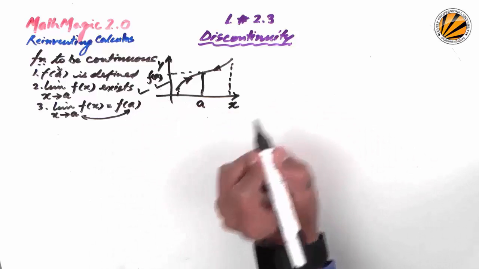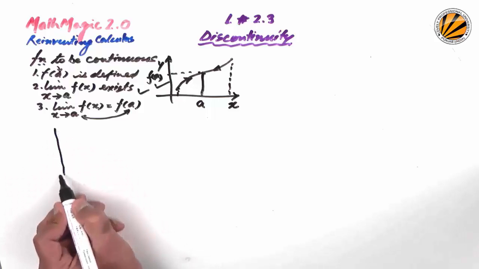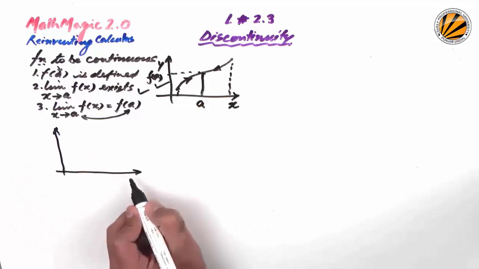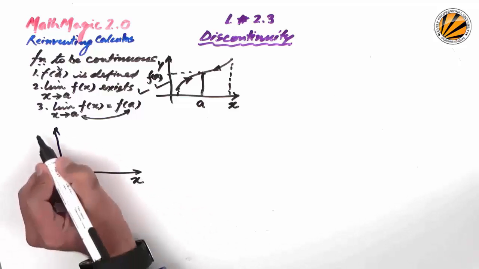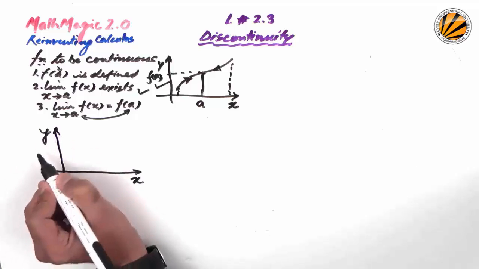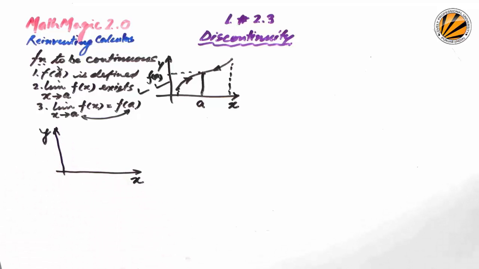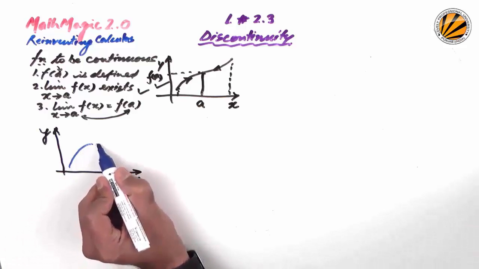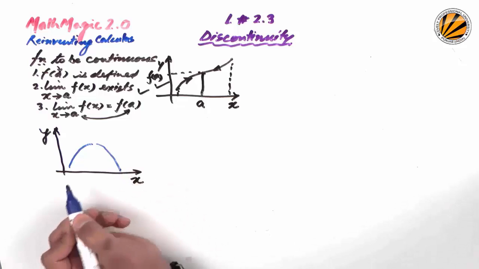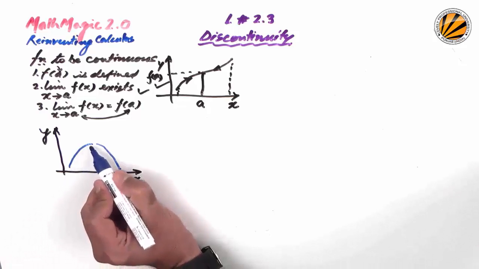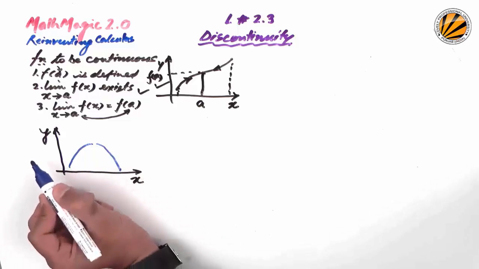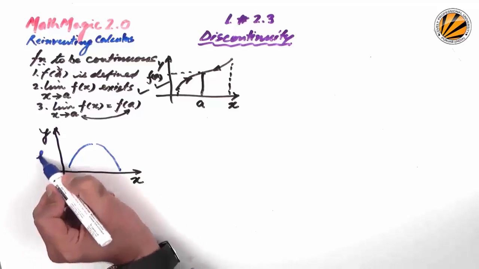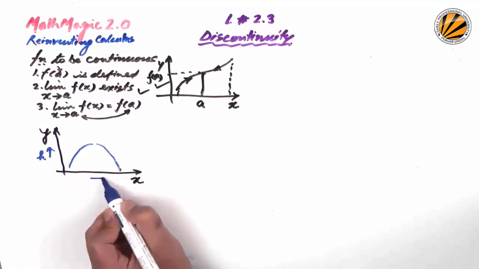Now let us look at a scenario. Say for example, this is the graph of a function. We all know that on the horizontal line we have the input and on the vertical line we have the output. Say the function is defined in such a way. Now look at this behavior of the function. Say this particular plot is given for the height of maybe a missile or a rocket or an airplane, and this is the height with respect to time.